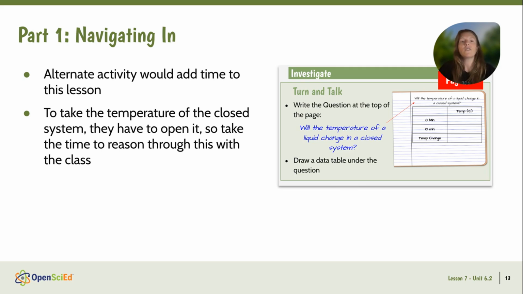Do we think that even though we did open it, the temperature will still change? And you can work through that with your students. They might say things like, yeah, we know it changes. We felt it change before we opened it, or we've experienced this before. So just think about factoring that time in as well.